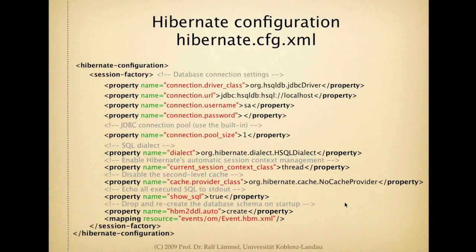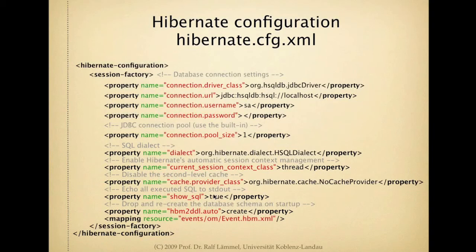Now we also need to tell Hibernate what database engine we use and a few other details. So this is the Hibernate configuration file that we need to set up. As you see here, we point to the driver, the JDBC driver that's used in our setup, and we also tell Hibernate how to connect to the database server. We also give it login details, the username, the system administrator in this case, and an empty password, and some other details.